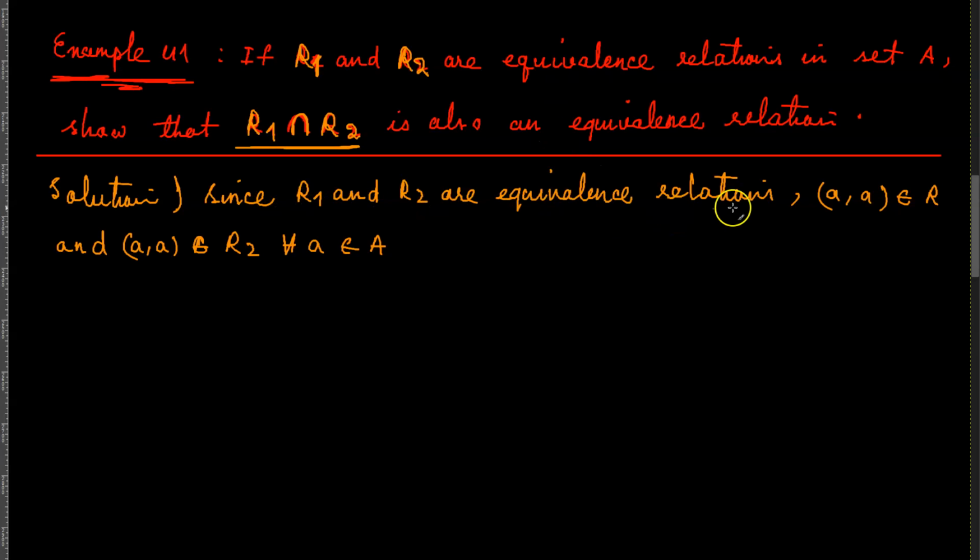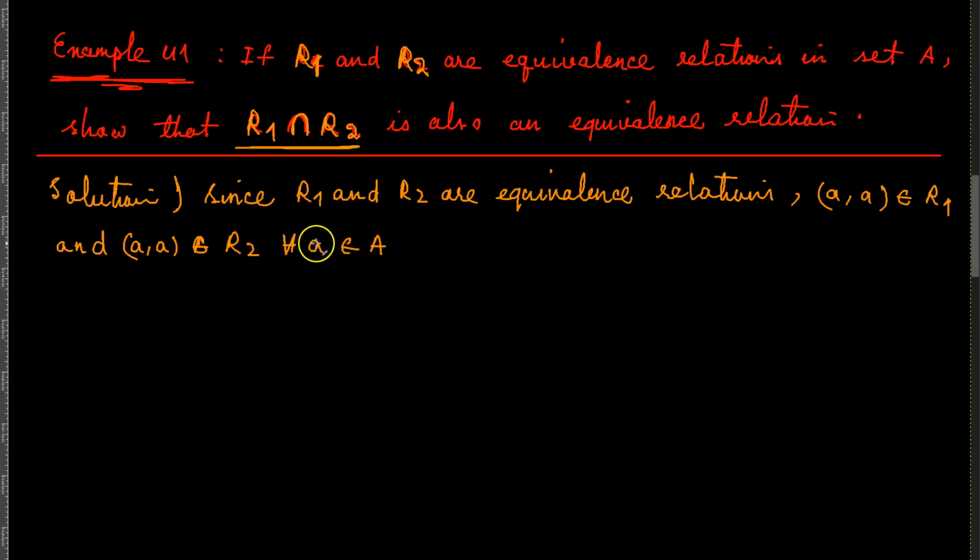Since R1 and R2 are equivalence relations, then of course (a, a) belongs to R1, and also (a, a) belongs to R2 for every a that belongs to the set A, right?